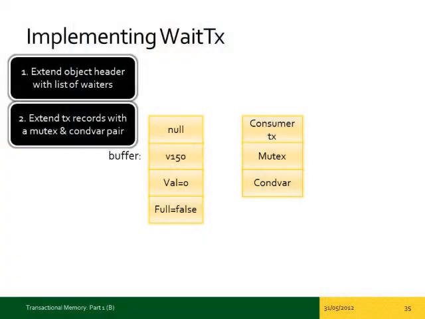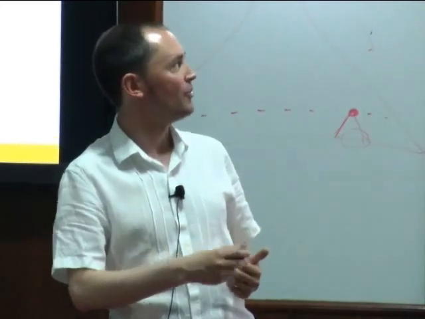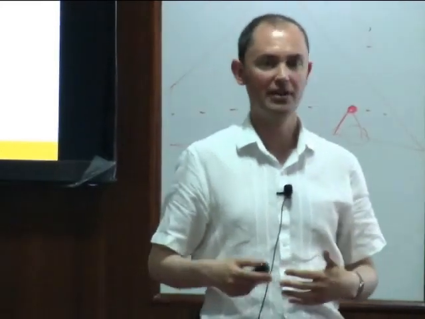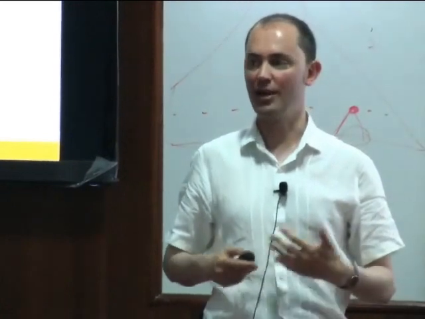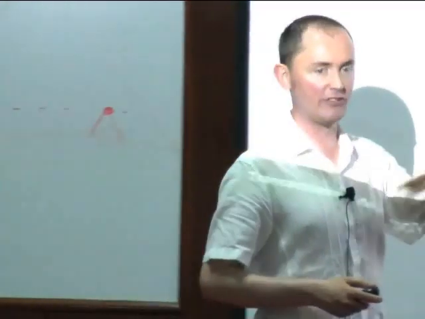So we extend the header word with a wait list, and we extend every transaction's record with a mutex and a condition variable that are going to be used to control waking and sleeping that transaction. So the thread that's running that consuming transaction, along with its normal logs for the locations it's read and written to, has a lock and a condition variable.